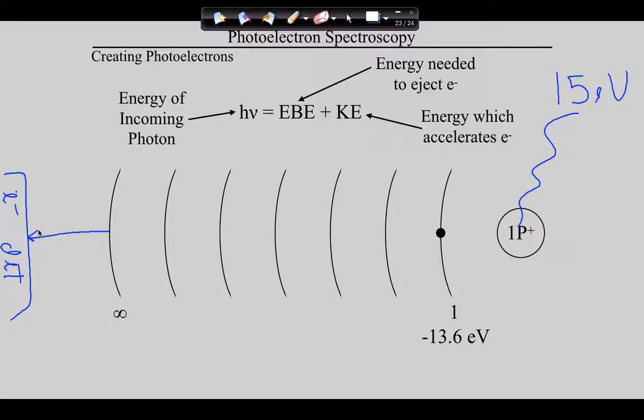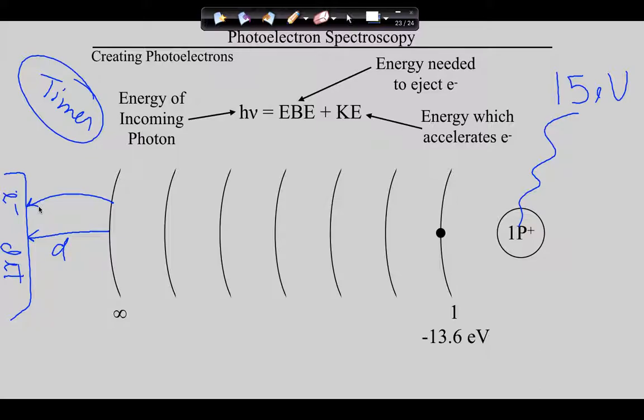You would know this distance, and then you would have a timer. So you would hit this hydrogen with a 15 electron volt photon, and then you would measure the time that it takes the electron to hit the detector. Let that sink in. You pulse the sample with, in this case, 15 electron volt photons, and then you time how long it takes for the electron to get to the detector.